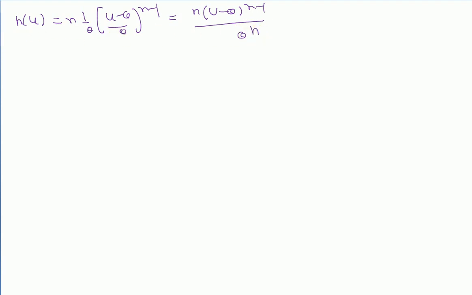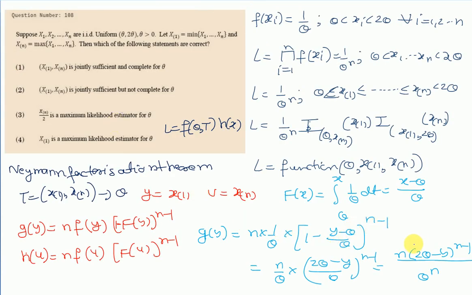It is h of u, which is n times 1 upon theta times ((u minus theta) upon theta) raised to power n minus 1, which can be written as n (u minus theta) raised to power n minus 1 upon theta raised to power n. We can compare it with the previous one. Here only 2 theta is replaced by theta and all other things are the same. So we have found the density function for the maximum and the density function for the minimum.